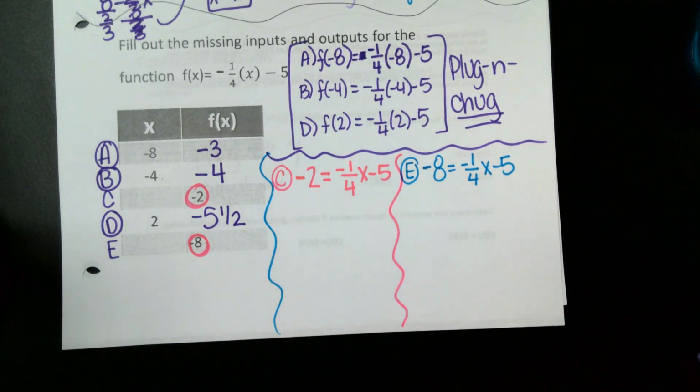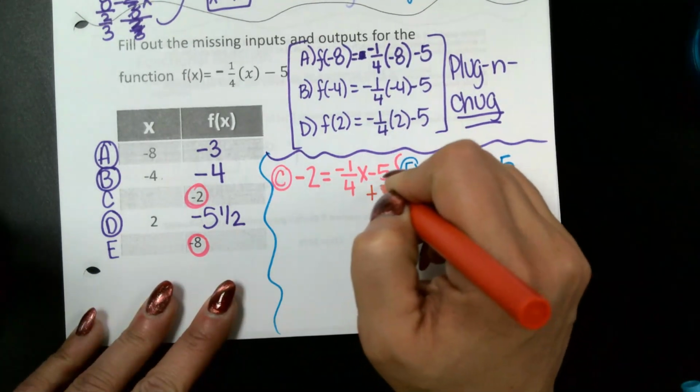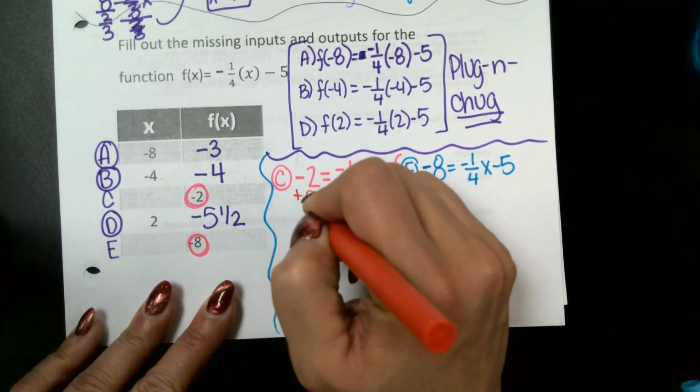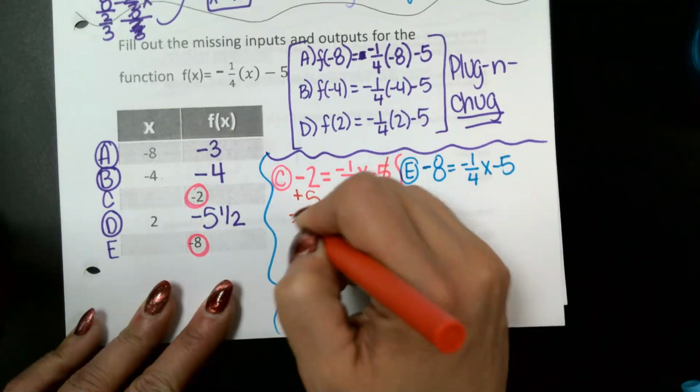Add 5. Add 5 to both sides, and then what? Divide by -1/4. Yep, you should be adding 5. And you said you got 3 when you added 5?